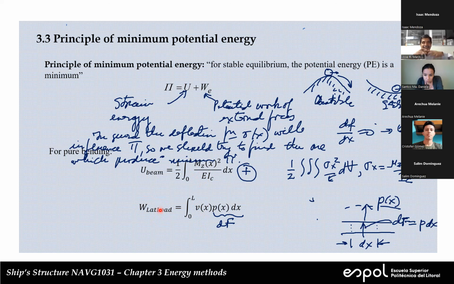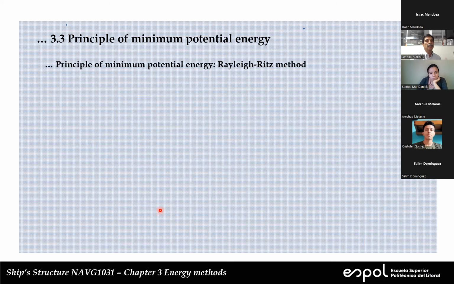So it's a tremendous work, right? Because we have to try so many types of functions. So one way that we can apply this process in order to find, one more time, approximations of the solution of bending is the Rayleigh-Ritz procedure, okay?